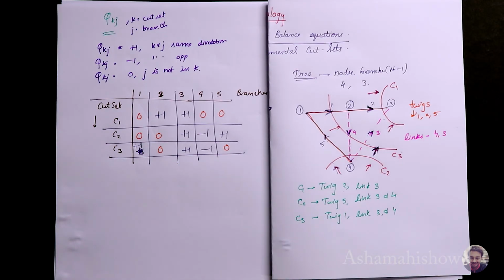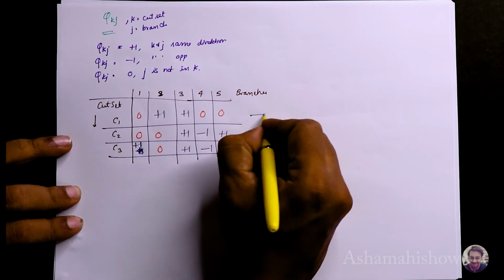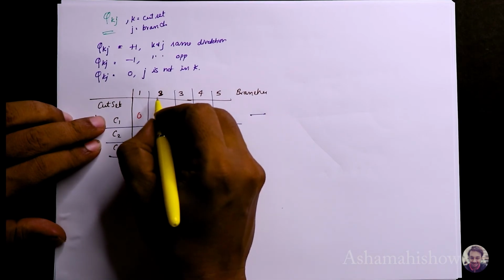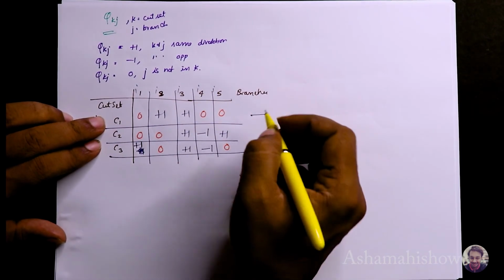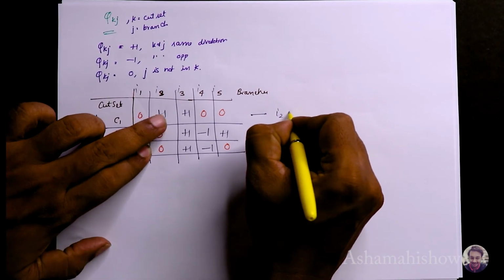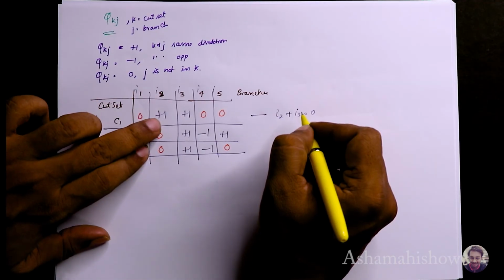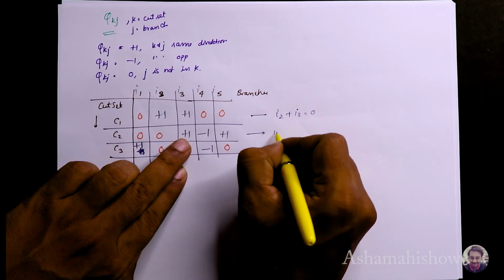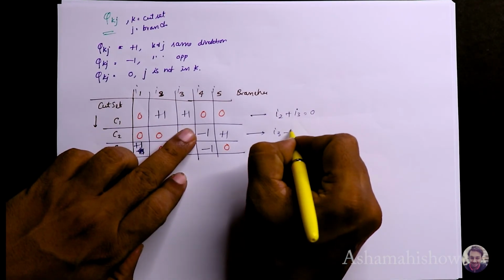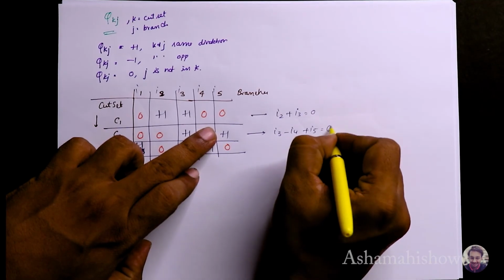From here we can directly write the current balance equations. Taking the currents as I1, I2, I3, I4, I5, the first equation is I2 plus I3 equal to 0. The second equation is I3 minus I4, because that is minus 1, plus I5, equal to 0.